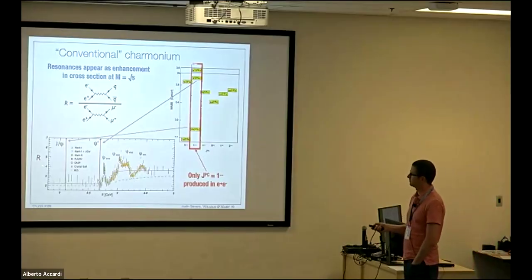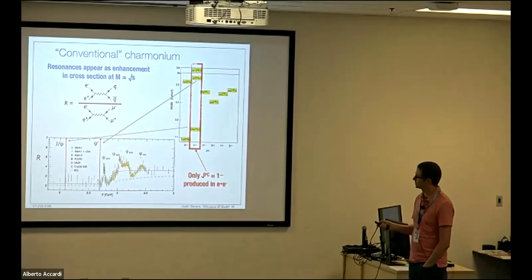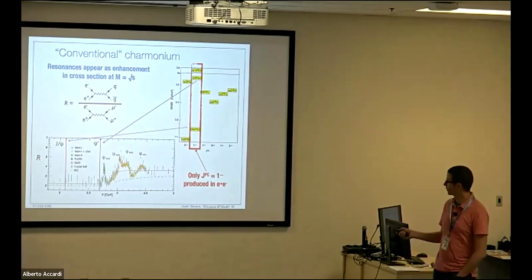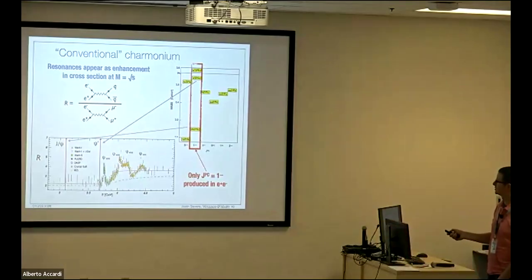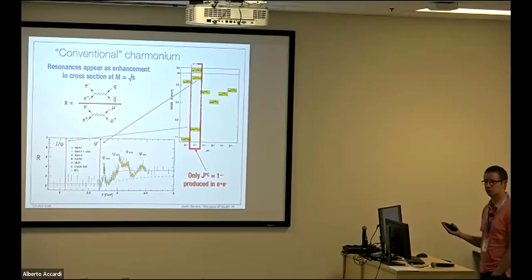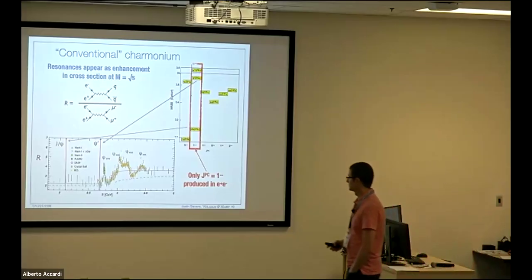So this is that same measurement effectively. It's the ratio of electron-positron annihilation to quarks and antiquarks, so hadrons being produced, over the electromagnetic background, producing a muon pair. And if you measure that ratio, you see big spikes every place that there are hadrons. There are charm anti-charm systems that are produced.